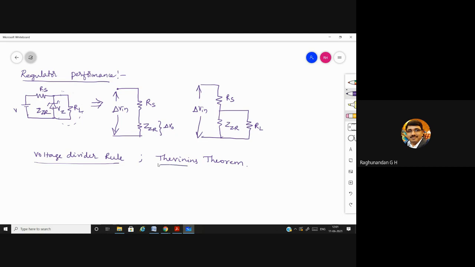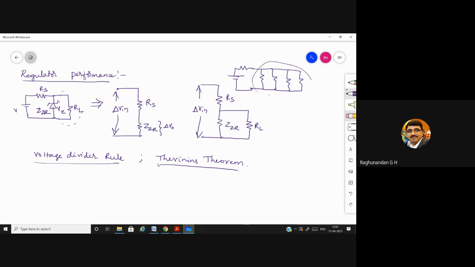Next is Thevenin's theorem. So Thevenin's theorem is a theorem which is used to reduce the complex circuit into simplified form. If you are having circuits like this, n number of circuits you'll have, and you'll have like this. Okay, you have a battery and you have all this resistance.